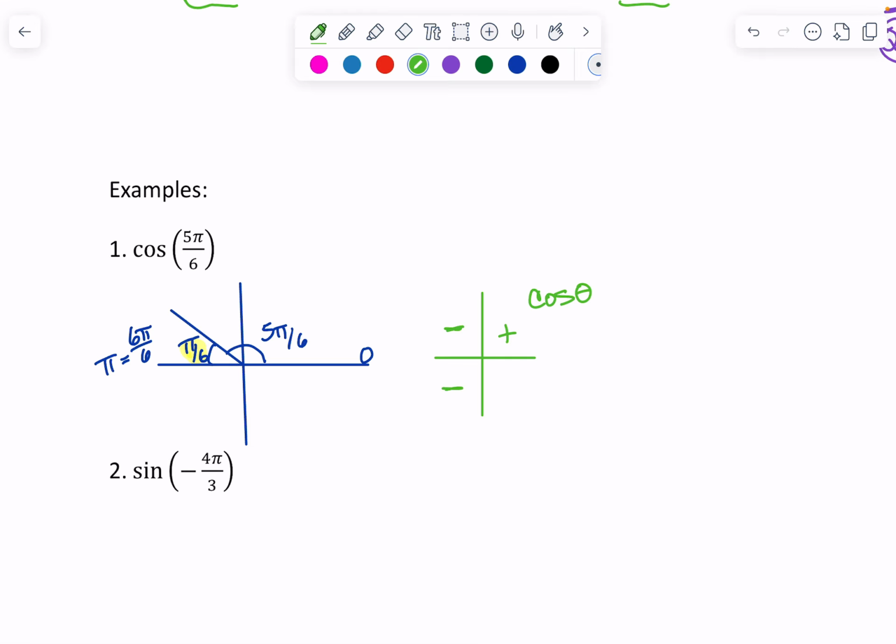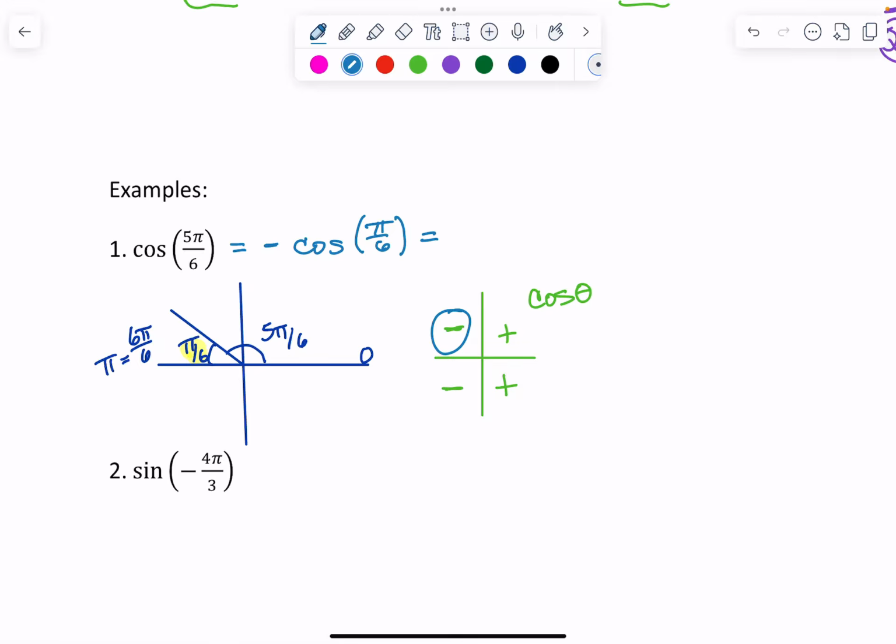Take is tangent, and calculus goes with cosine. So cosine's positive in quadrants 1 and 4, and negative in quadrants 2 and 3. So what I can do is rewrite this cosine of 5 pi over 6 as a negative, because we're right here, cosine of just a pi over 6.